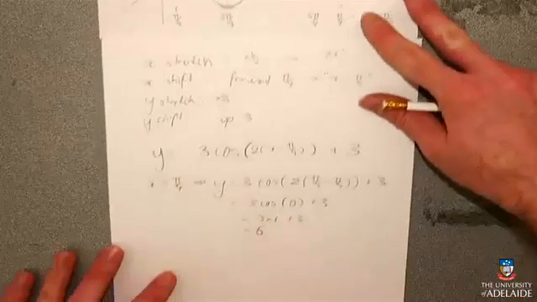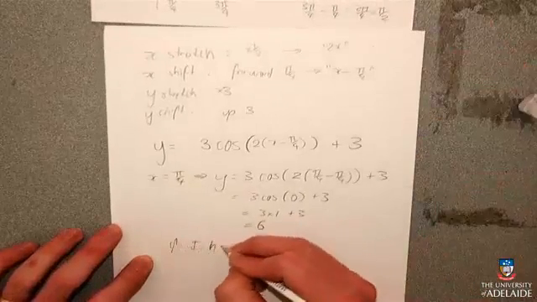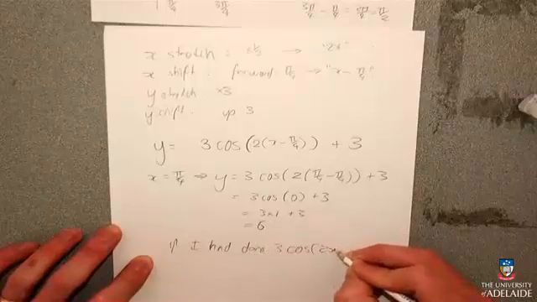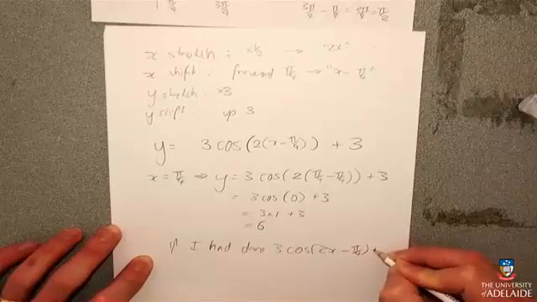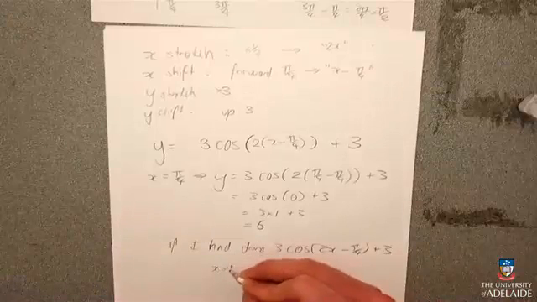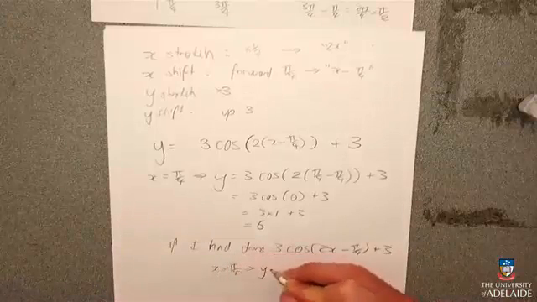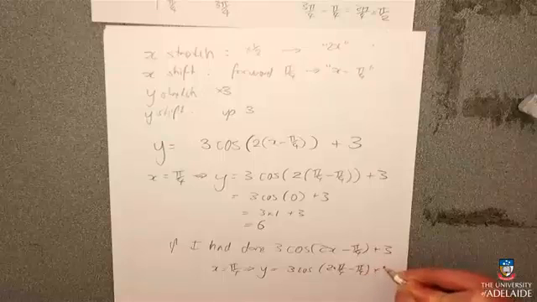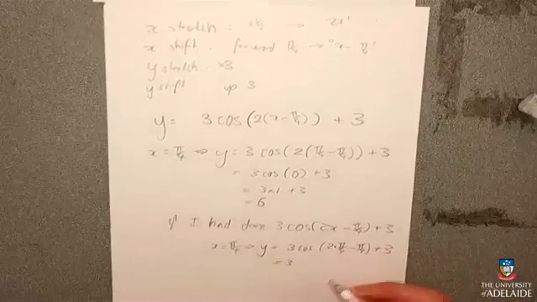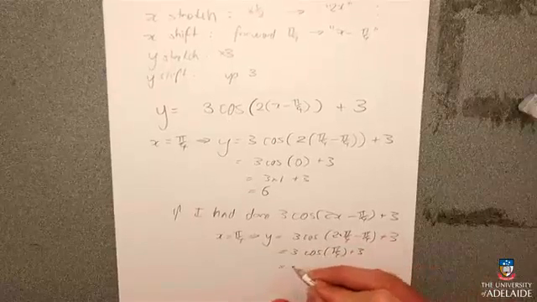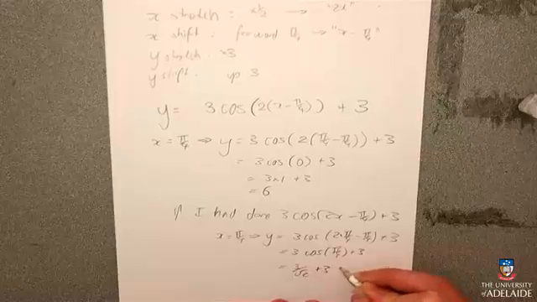So just pointing that out, if I had done that, then when x was equal to pi on 4, we would have got y equals 3 cos 2 times pi on 4 minus pi on 4 plus 3, which would have come out to 3 cos of pi on 4 plus 3, which would have been 3 on root 2 plus 3, which is totally not 6.